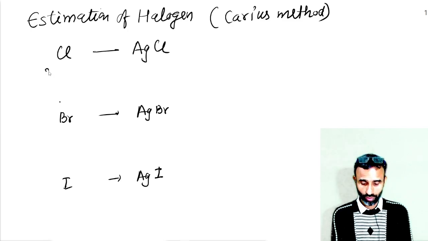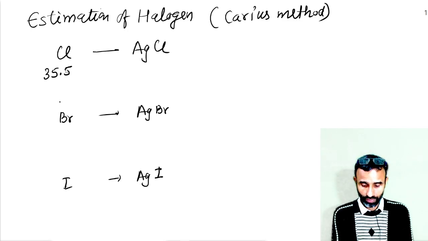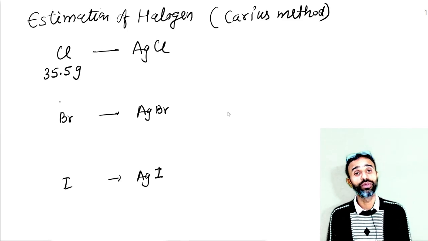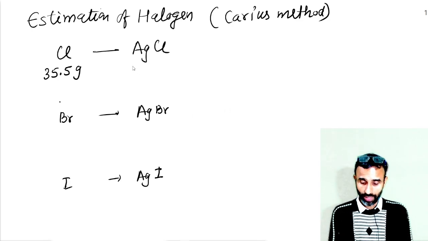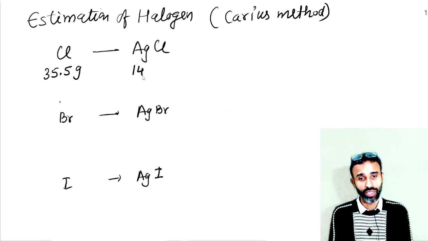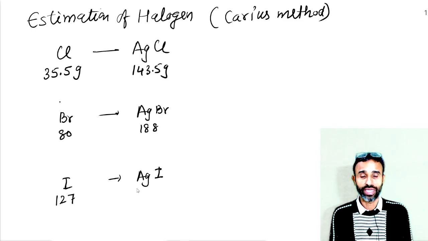What is the atomic mass of chlorine? 35.5. And silver is 108, plus 35.5, so it is 143.5 gram. For bromine it is 80, so with silver it is 188. Iodine is 127, so it comes out to be 235.